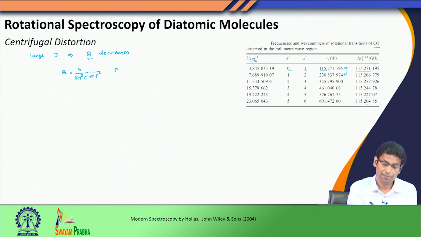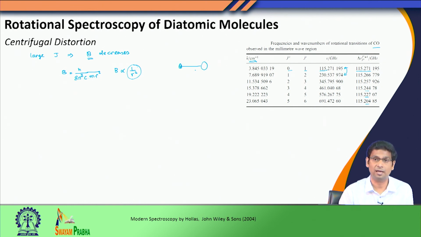So, B is inversely proportional to r square. If the spacing between two consecutive rotational transitions decreases, that means B decreases, but that also indicates r increases. For large values of J, B is decreasing, so r is increasing, and that means my bond distance is increasing. Why would that happen?